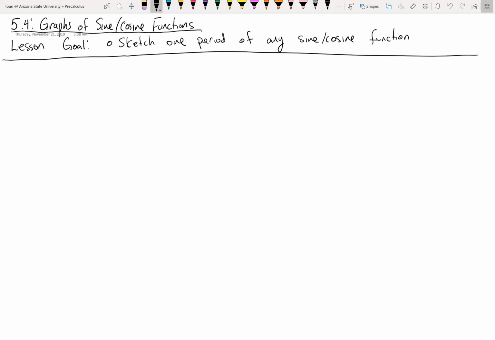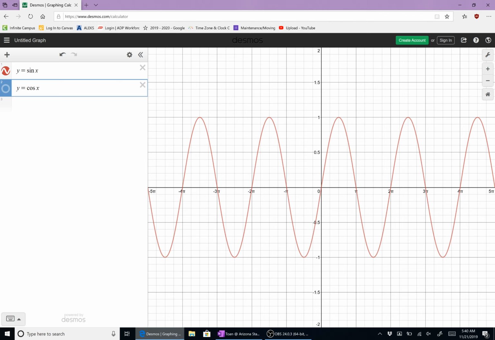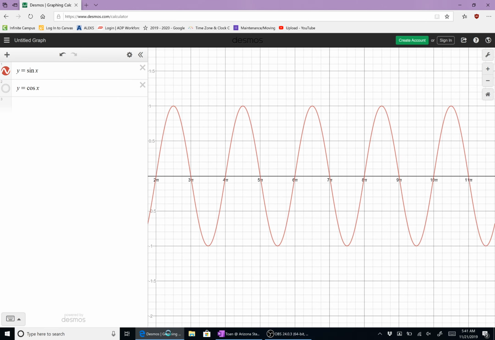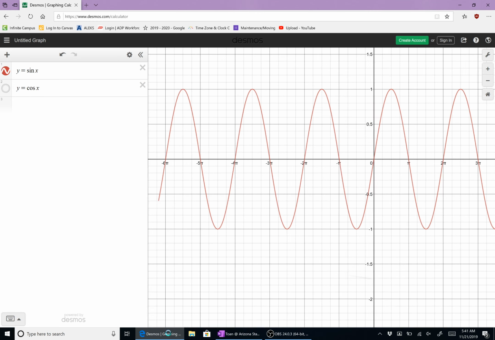What is that behavior? Well, I think it's easiest to see if we just take a look at the parent function. So if you were to go use a graphing calculator like Desmos and say graph sine, you can see this is the picture that we get. A whole bunch of oscillations, a whole bunch of waves, a whole bunch of up and down motions. And I can probably drag this on forever to the right, and hopefully we can see that it just keeps repeating.